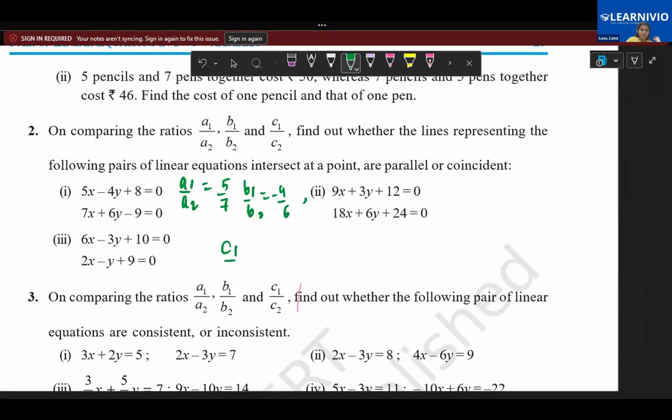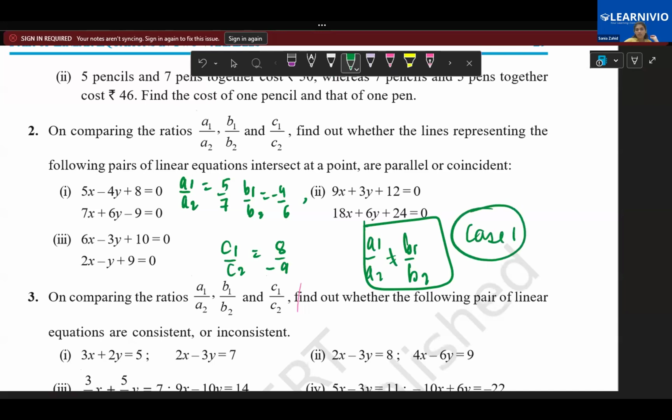And C1 upon C2 is 8 by minus 9. So this states that A1 upon A2 is not equal to B1 upon B2. Right? The first part is also not equal. So this is the first case. So match with the case, write your answer. Similarly, do the second one and the third one also.